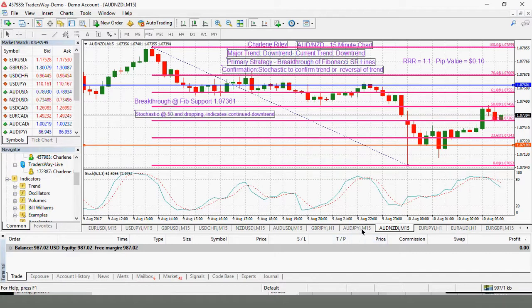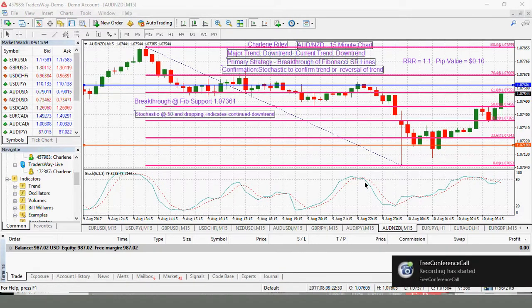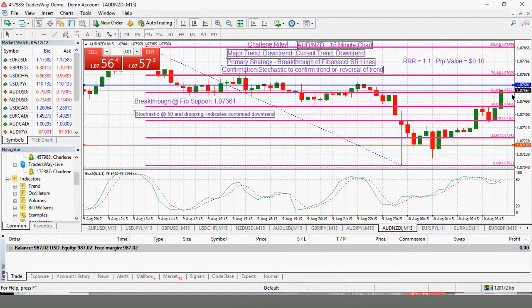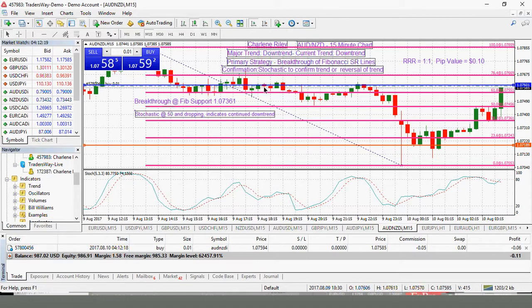Now, meanwhile, I'm going to take a peek. And things have changed a bit in that on the Australian New Zealand 15-minute chart, it looks like the market wants to continue moving upwards. So I have a breakthrough of resistance at 1.07551. So I am ready to enter into a buy.